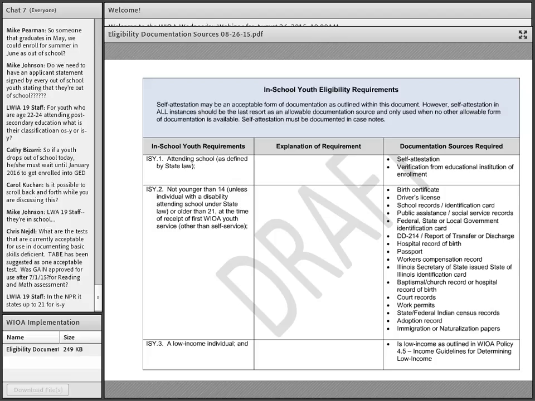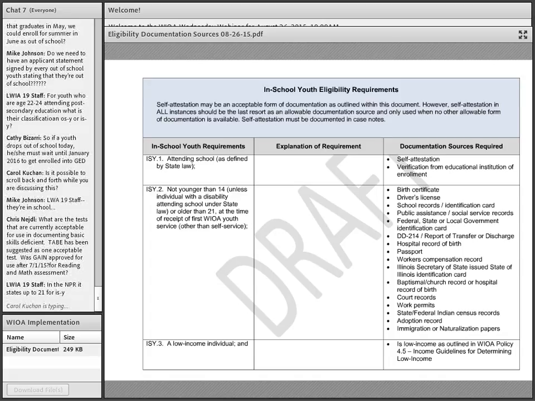The offender definition is basically anybody that's had any dealings with the police or any law enforcement that could possibly be a barrier for them getting a job. It's a very, very broad definition. It's currently in the Eligibility Policy Manual 0012 Change 2 in Appendix A, and it is a real broad definition for offenders. So offender is actually a broader definition than subject to the juvenile or adult justice system.